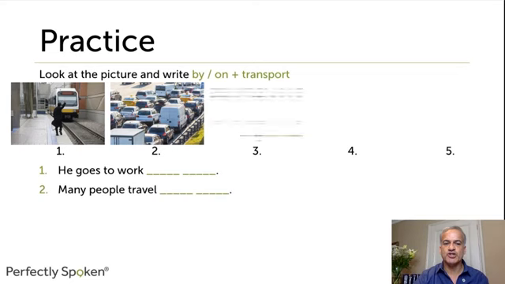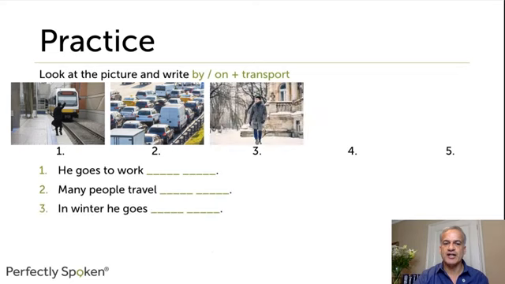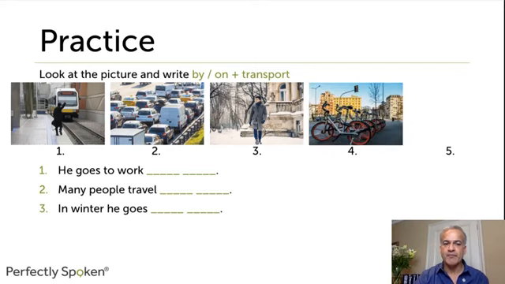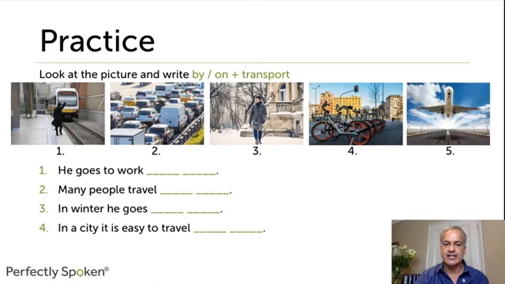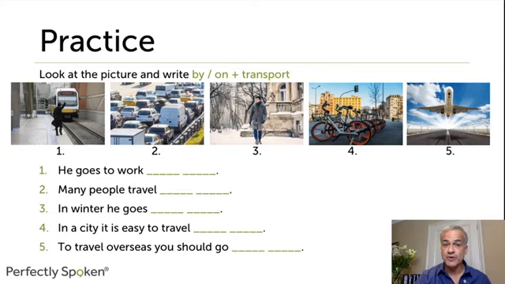Number 2, many people travel. Number 3, in winter, he goes. Number 4, in a city, it is easy to travel. And number 5, to travel overseas, you should go. So, by or on and the transport. We said number 1, he goes to work by train.